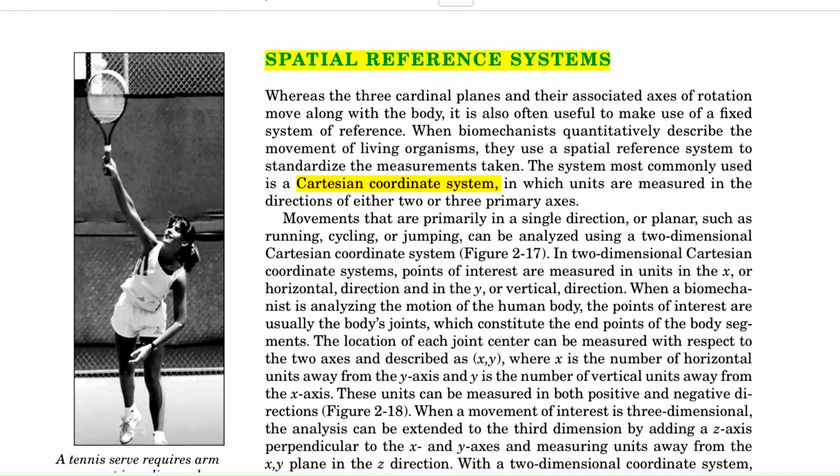As therapists, we can also consider specific movements of our patients in a 3D system.